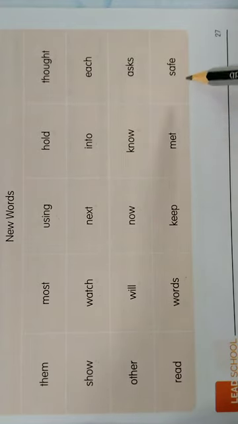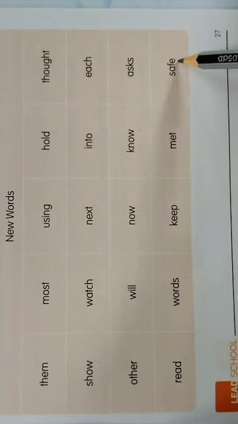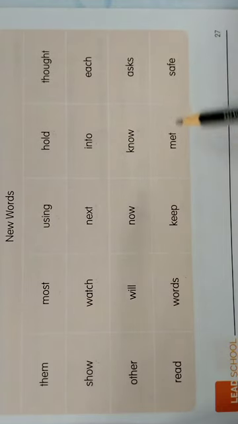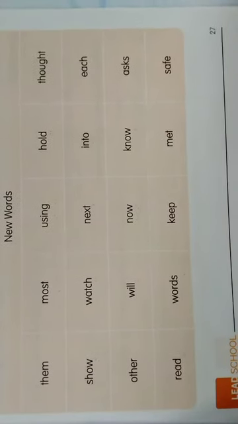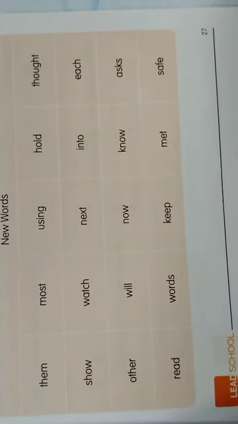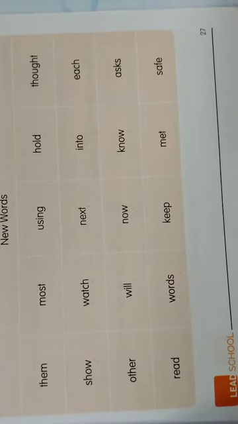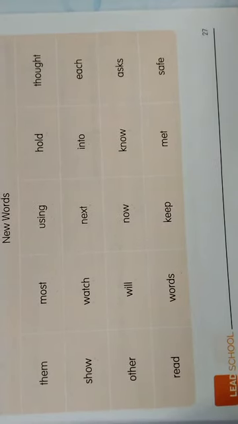Met. Next word. Safe, safe. Repeat it again. Safe. You just go through these words again in your SR book and then write the words 2 times in your notebook.